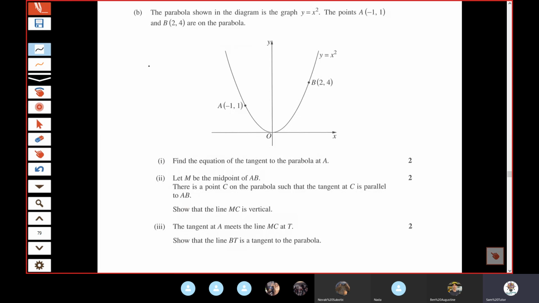Open it up. You are doing I all the way to triple I if you can, absolutely.